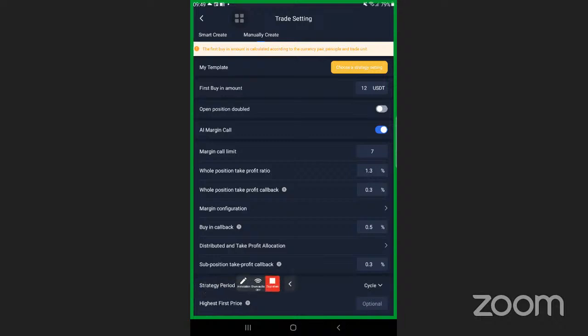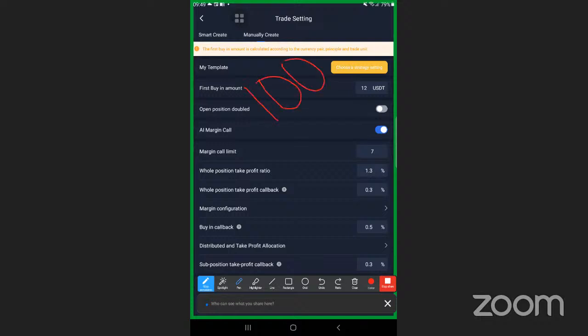So how are you going to manage that $100? How are you going to put it in the market using the Royal Q robot? The first thing you need to do is take your $100 and divide it by the number of margin calls. That's what you are going to do to manage your capital, or to manage your wallet.